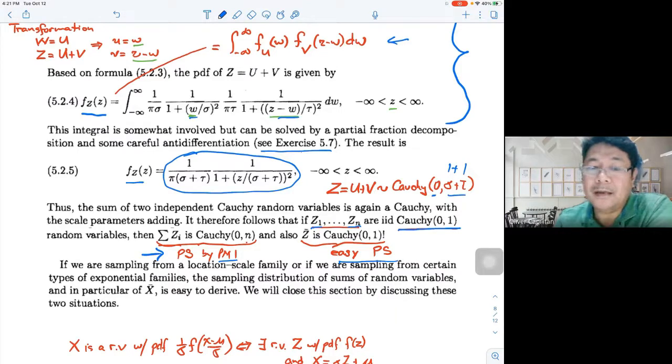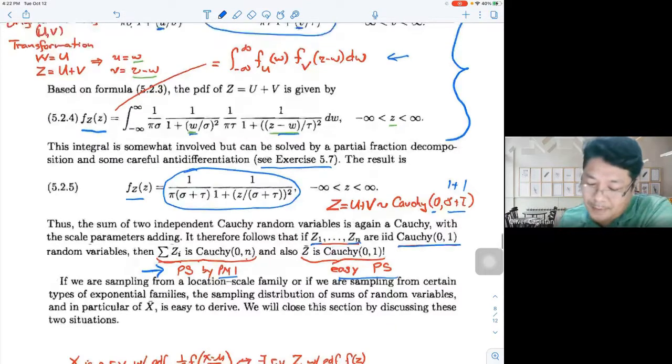And then this part is so easy, because I already said a while ago the relationship of the finite sum, which we denoted by Y, and X bar.